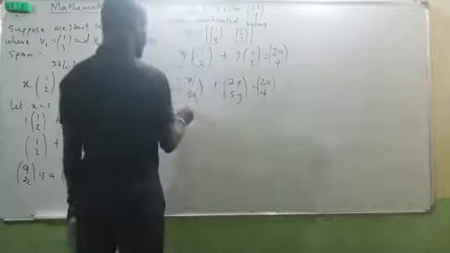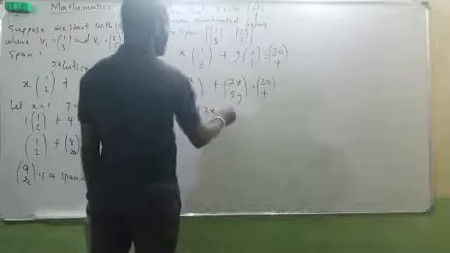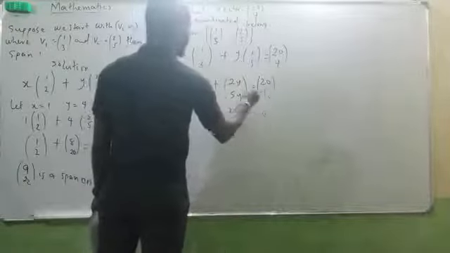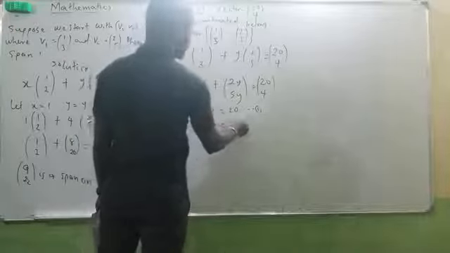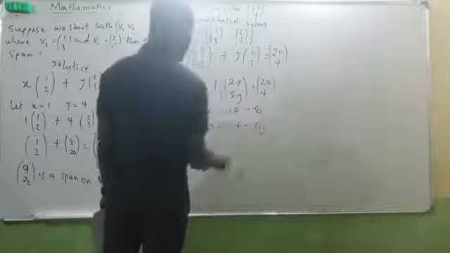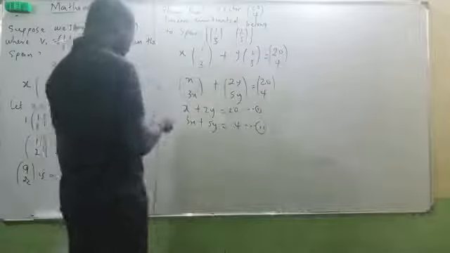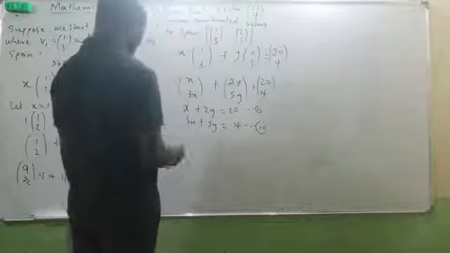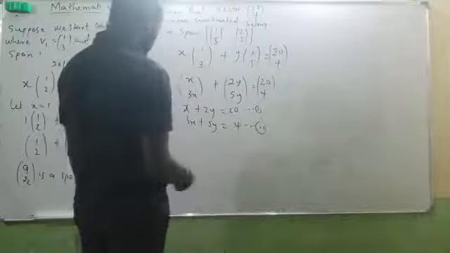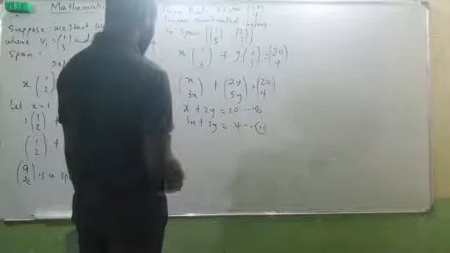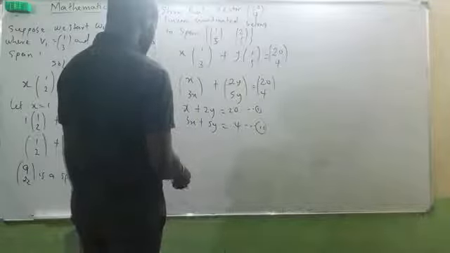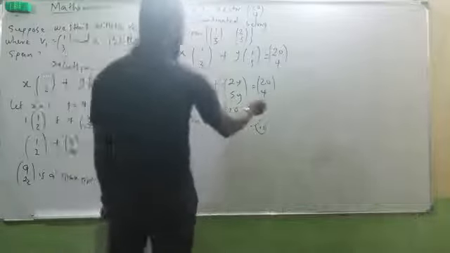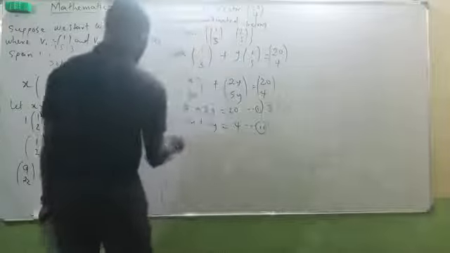Now it means x plus 2y equals to 20, equation 1, and 3x plus 5y equals to 4, equation 2. Now by so doing this, how do I solve this problem? Anyone you want to solve? I think I can decide to eliminate by multiplying this one by 3. Thank God we are no more a baby.